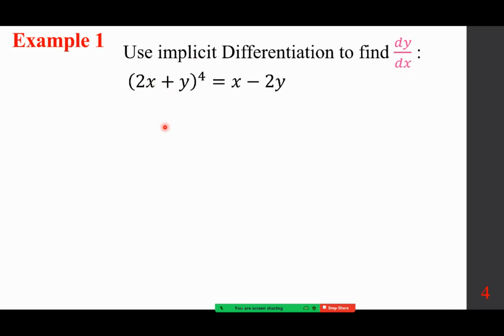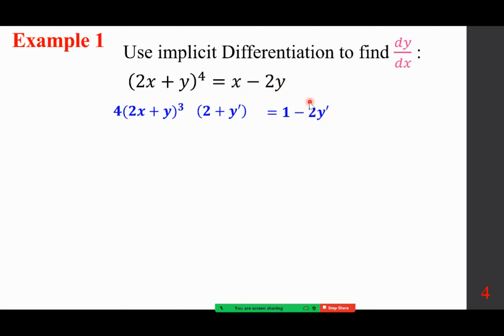We subtract 1 from it. And then the derivative of the inside, 2x gives us 2 and y gives us y prime or dy dx. On the right side, x gives us 1 minus 2y becomes minus 2y prime.